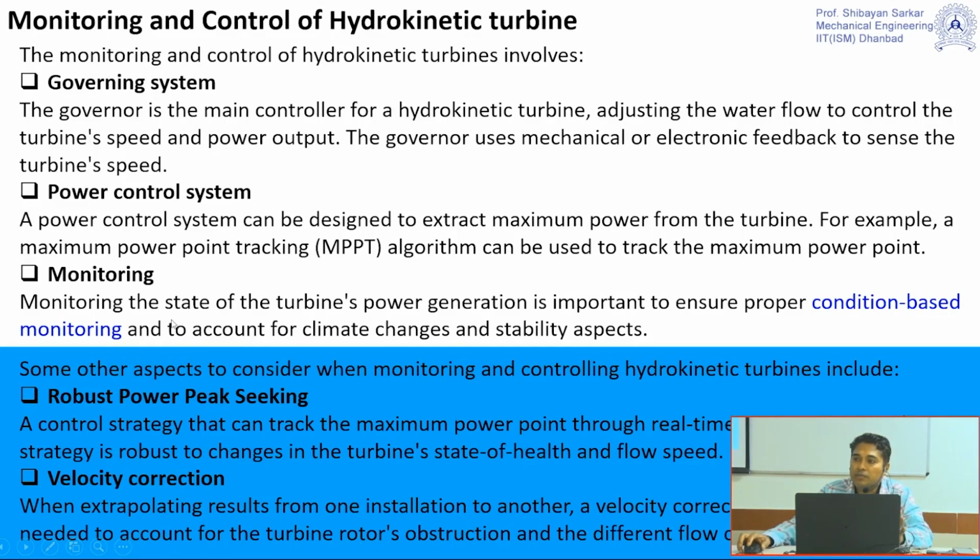Power control system: whenever the turbine is generating electricity, say you have developed your turbine for a particular velocity, and suddenly you find that the river stream or canal has a high velocity. If you run with this high velocity, there may be a possibility of failure.